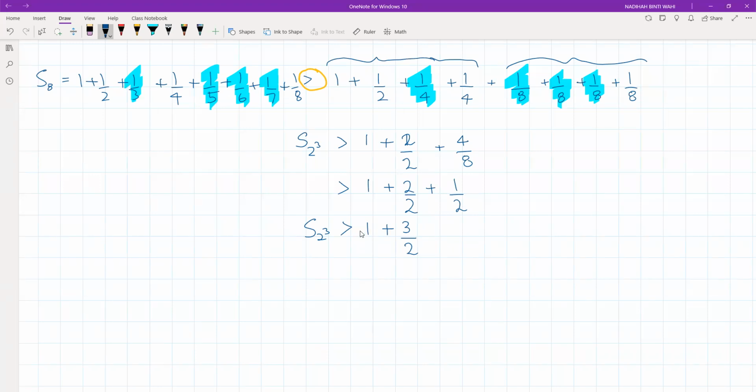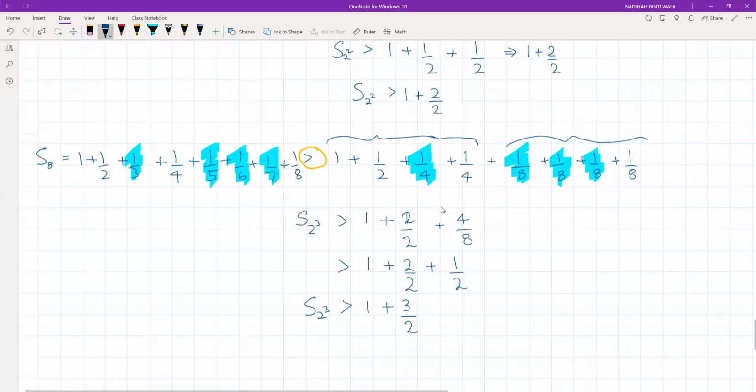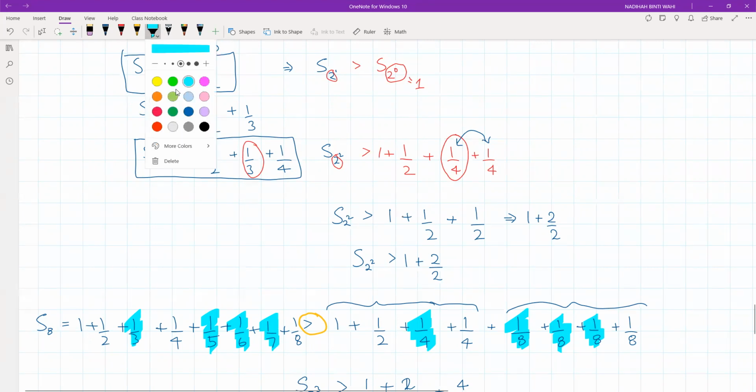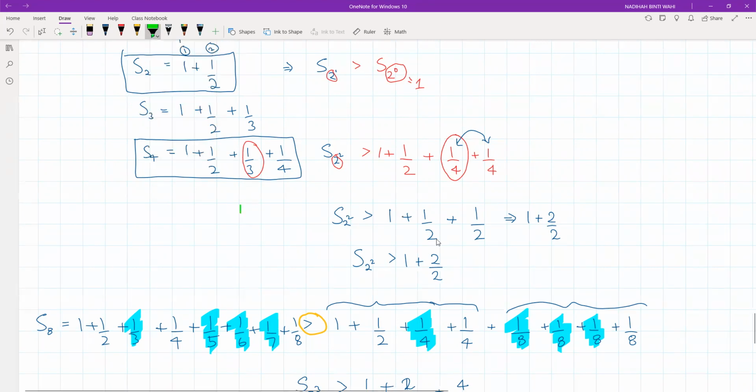And you can do the whole thing by induction. So by induction, you can see that this one is 2. This one is 2. Let's use another color, maybe green. Okay, this one is 2. You have 2 right here.